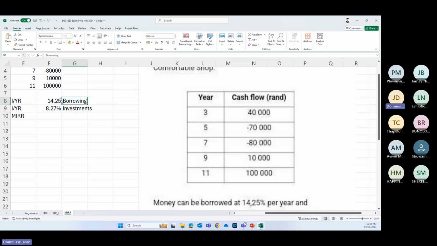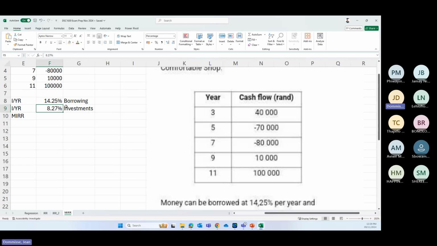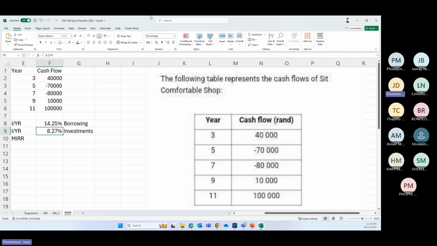Okay, and let's just make sure that is also a percentage. And then they said, calculate the MIRR if the future value of the cash flows is 187,253.